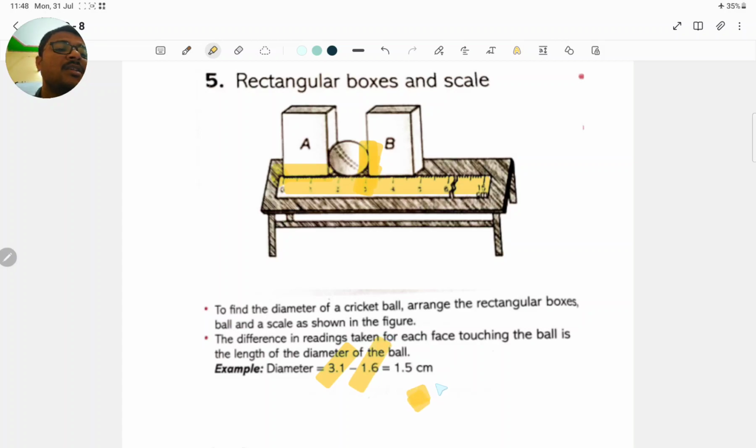How much will you get? 3.1 minus 1.6, you will get 1.5 centimeters.